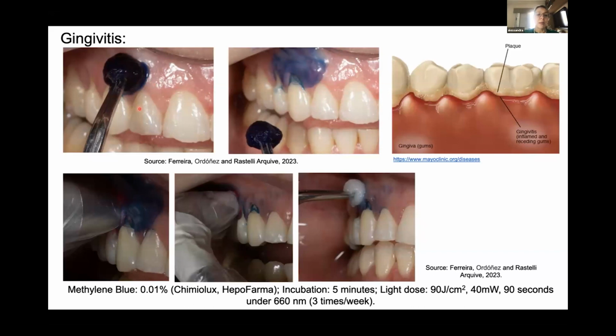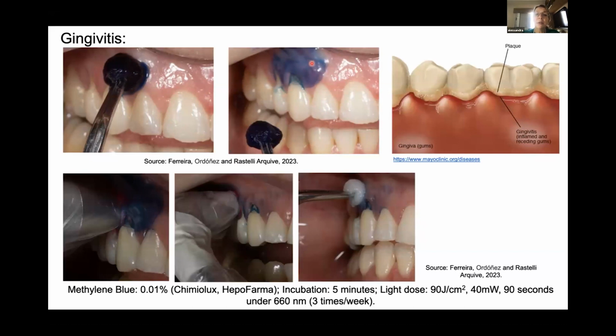we can apply PDT. Maybe someone could ask me, oh, but methylene blue could stain the dental tissue, the soft tissue.